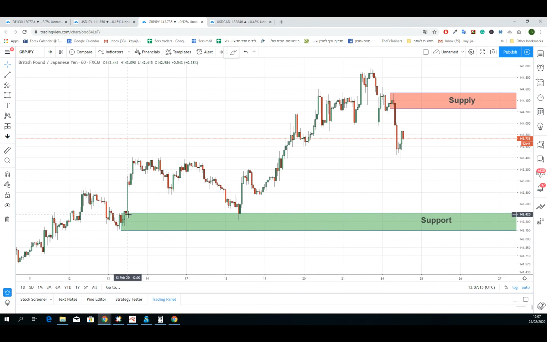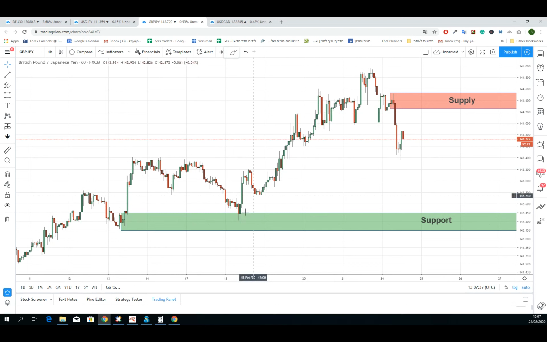The price in the past created here a very nice and clear fresh demand. When the price came back to test this demand, you can see this is the first time the price touched it after it was created, and you can see the reaction.